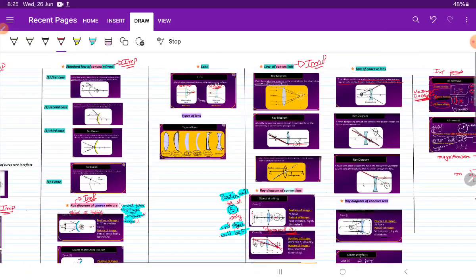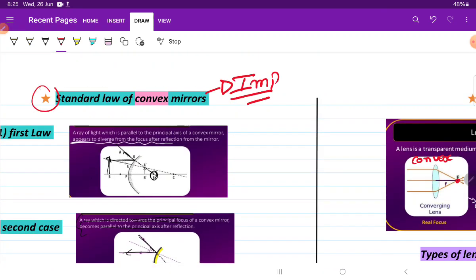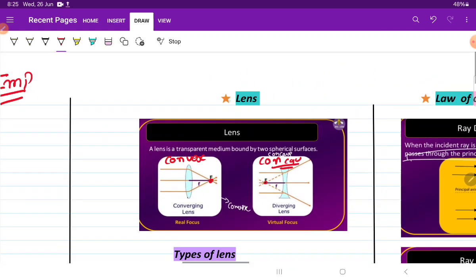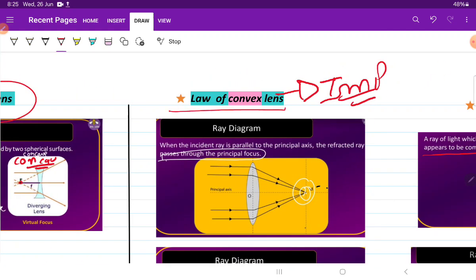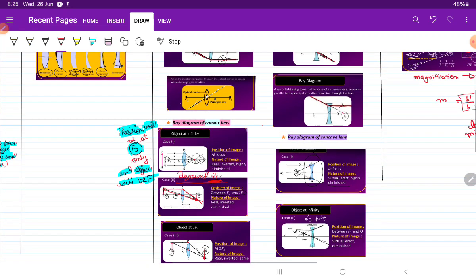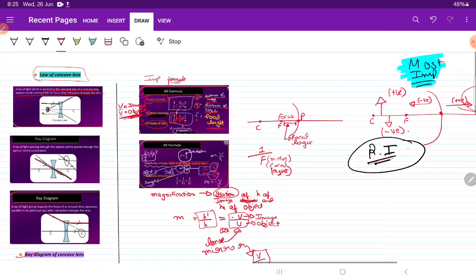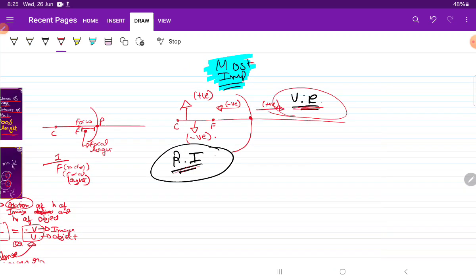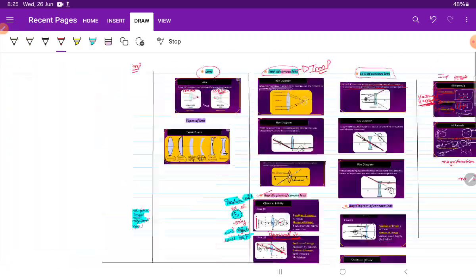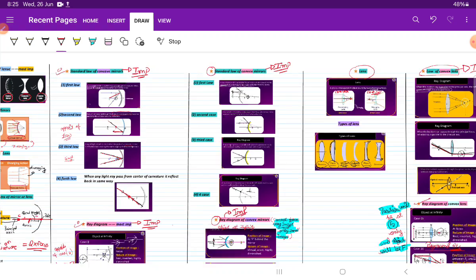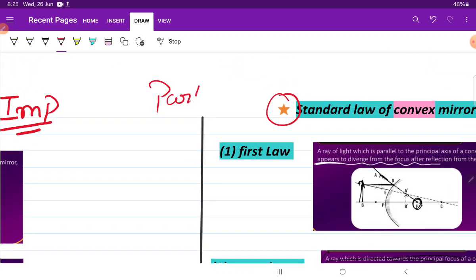And the remaining topics like standard laws of convex mirror, ray diagram of convex mirror, lens, law of convex lens, law of concave lens, ray diagrams of convex and concave lens, and some important formulas, as well as the most important thing, sign convention. These 4 to 5 topics we will cover in part 2.